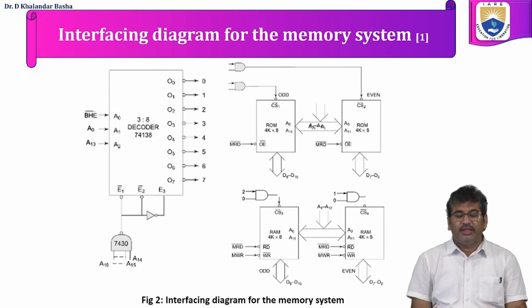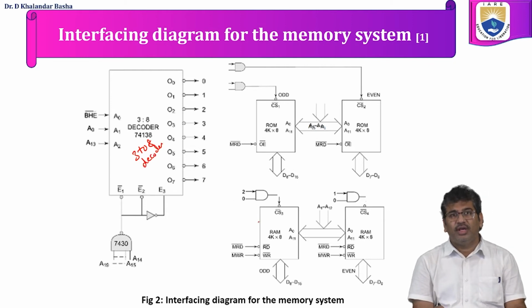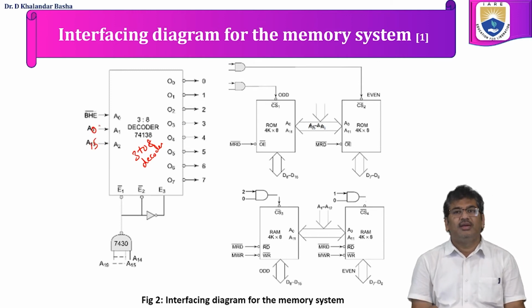For enabling either block 1, block 2, block 3 or block 4, we are going to take a decoder, which is a 3 to 8 decoder. This decoder will function with the control signals A15, A0 and BHE bar.